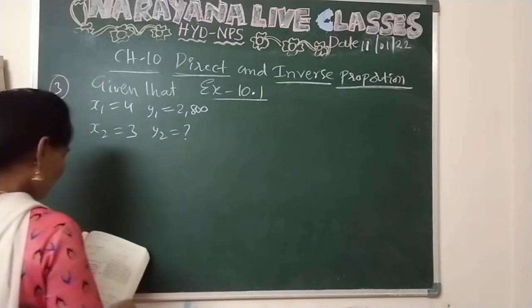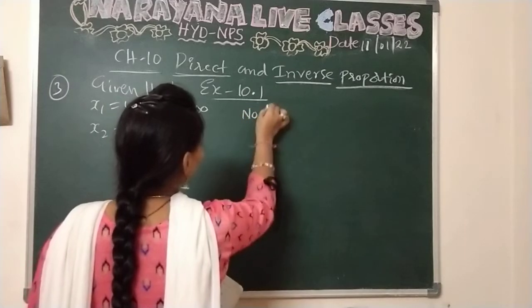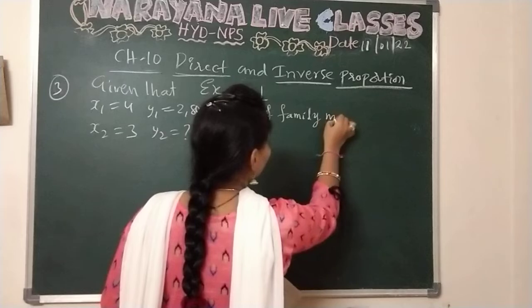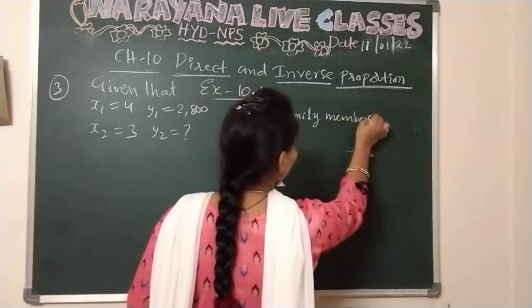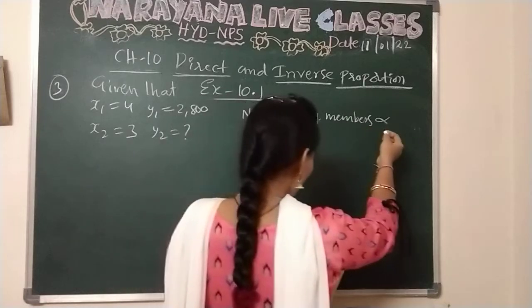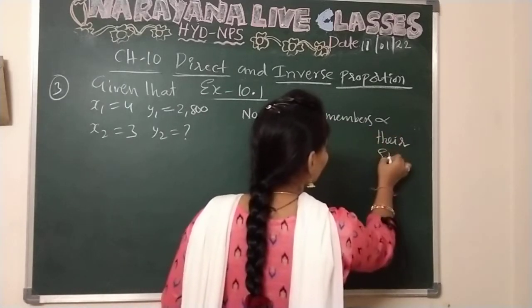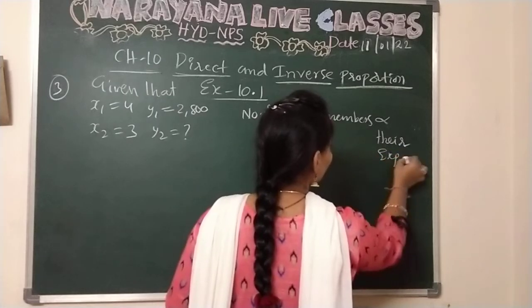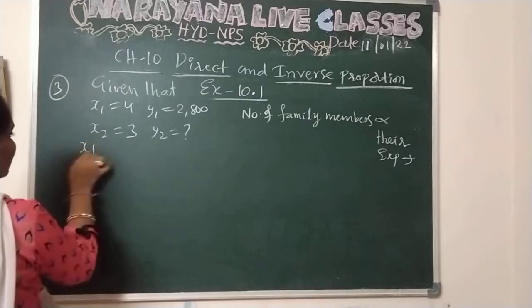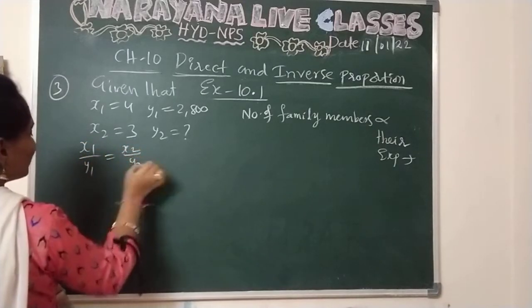Here the number of family members is directly proportional to their expenditure. Short form I am writing. So now x1 by y1 is equal to x2 by y2.